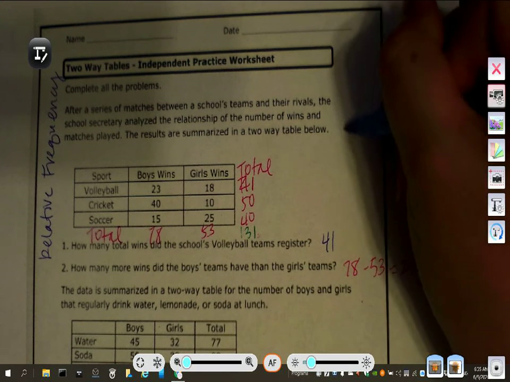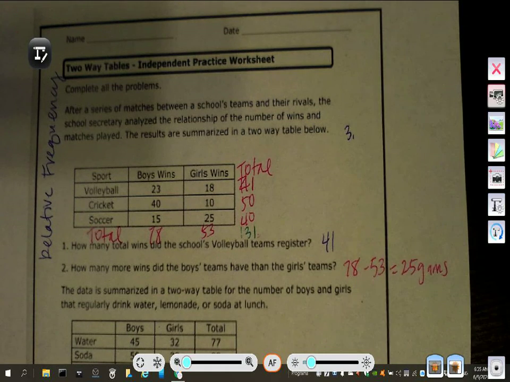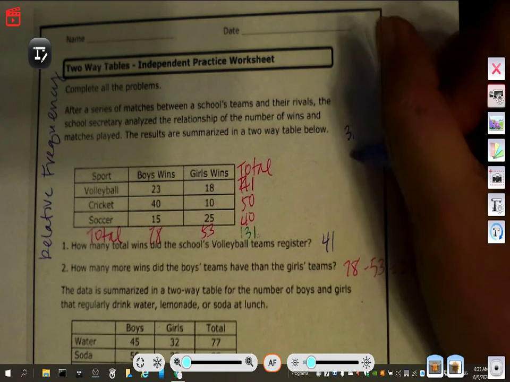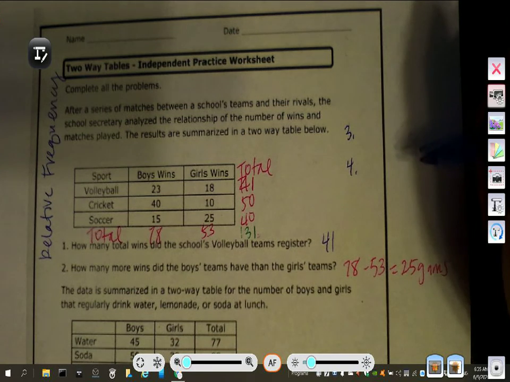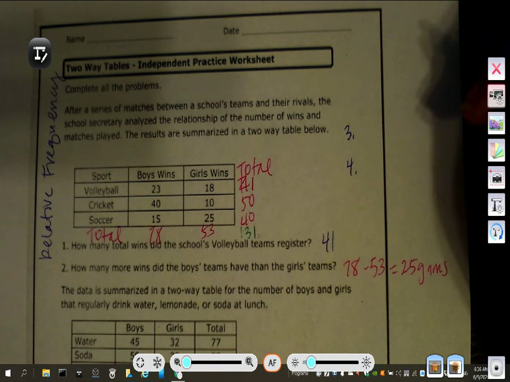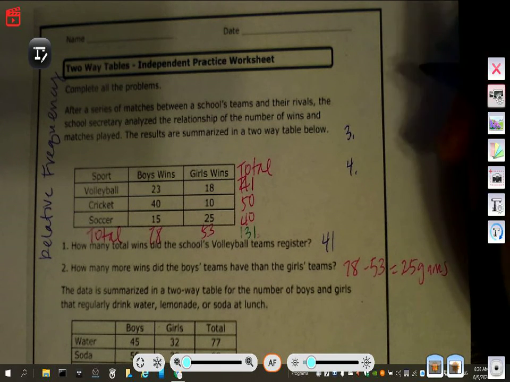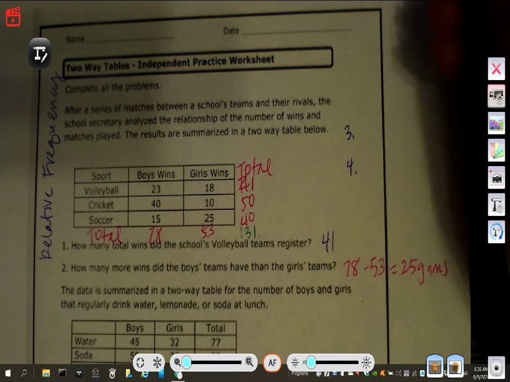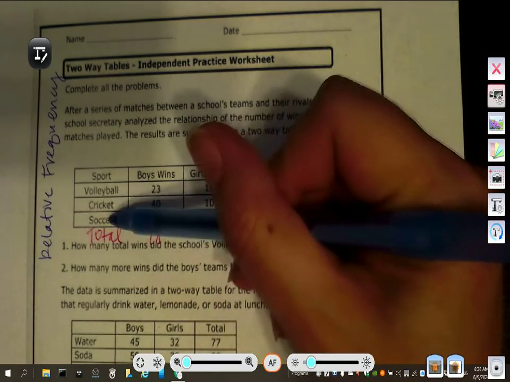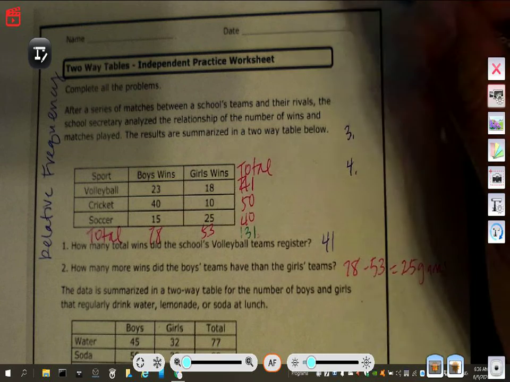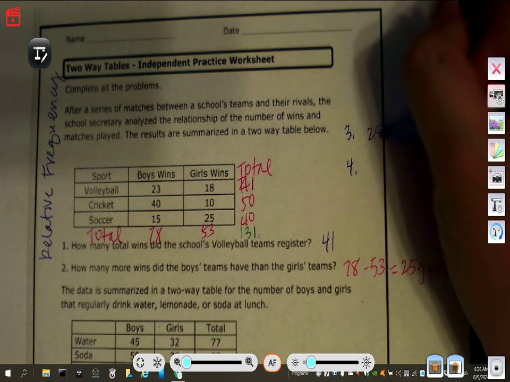Let's not write the question, but let's do two more questions that I'm going to talk about verbally, 3 and 4. If I had told you to find the number of girls soccer wins, that'll be the number 25.